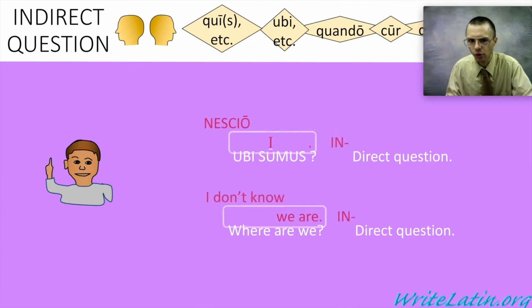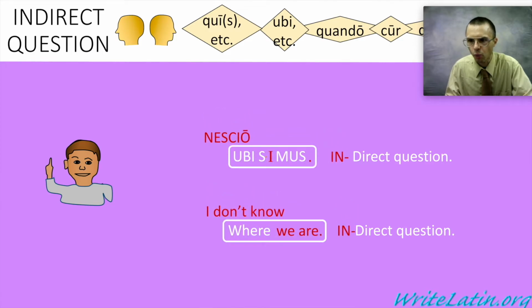I don't know where we may be. And you see we have made it into a subjunctive by changing the sumus to its subjunctive form, simus, more flimsy. So that's the way that indirect questions are in Latin. You have to put the reported question into the subjunctive.